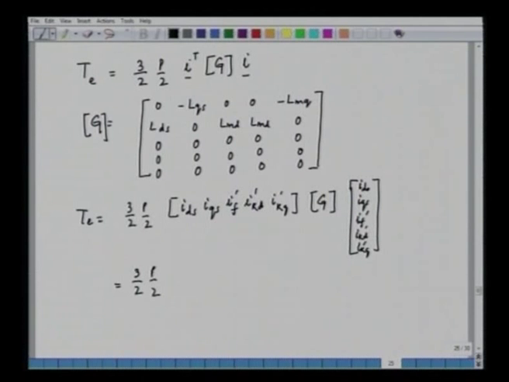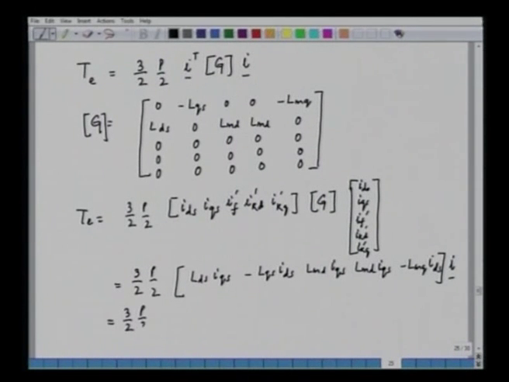If we pre-multiply this, we have LDS IQS minus LQS IDS, and then the third row will give us LMD IQS, and the fourth row is also LMD IQS, and the fifth one will give us minus LMQ IDS, and that is multiplied by this vector I. So if we simplify this, we get 3 by 2 into P by 2.